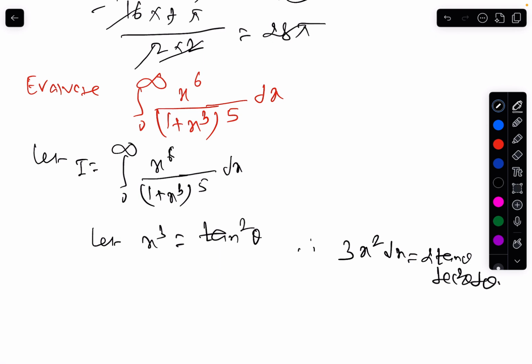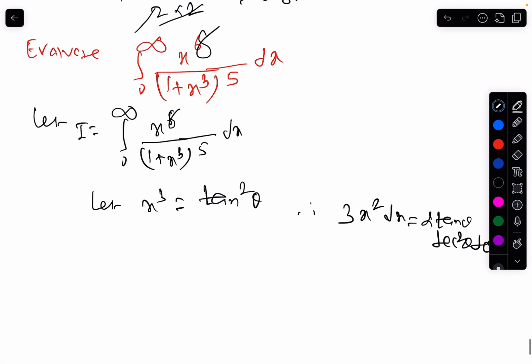Okay, here it is x power 8, sorry. So we can have x square dx equal to 2 by 3 tan theta sec square theta d theta.